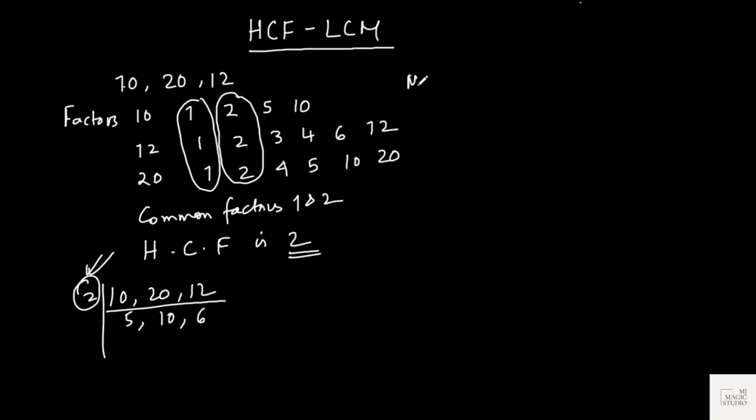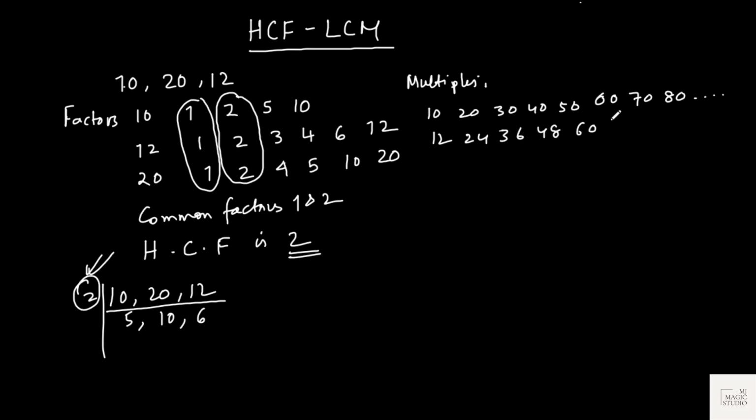Now if we talk about multiples. Multiples of 10 are 10, 20, 30, 40, 50, 60, 70, 80 and on. For 12 it would be 12, 24, 36, 48, 60, 72, 84, 96.